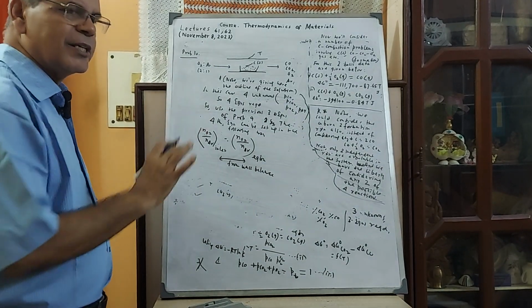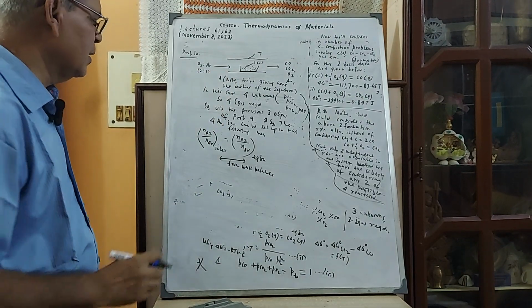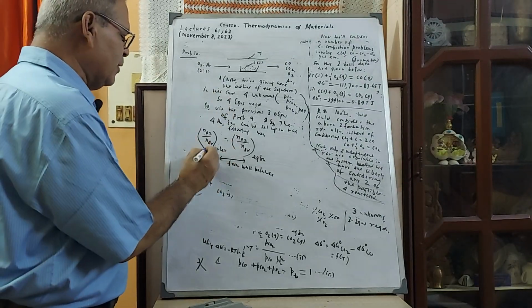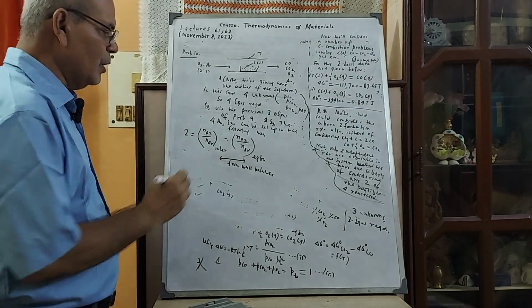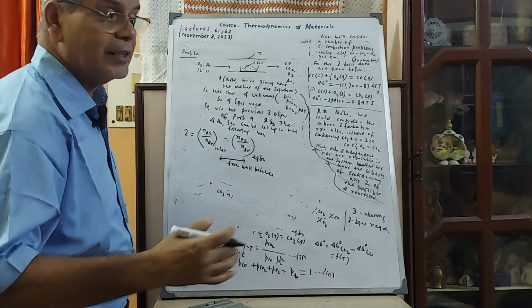Oxygen will not be destroyed, neither argon. So NO2 by N argon will be the same. So NO2 by N argon at the inlet, how much? Tell me. 2:2 means 2. Equilibrium.